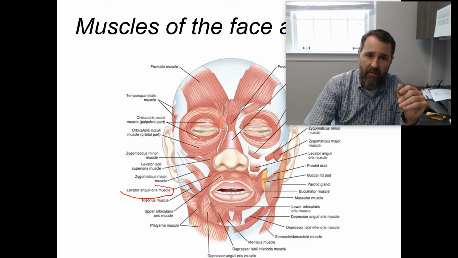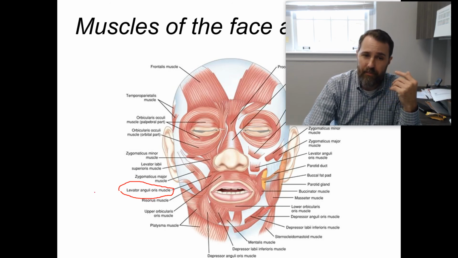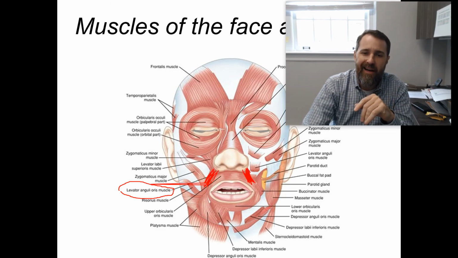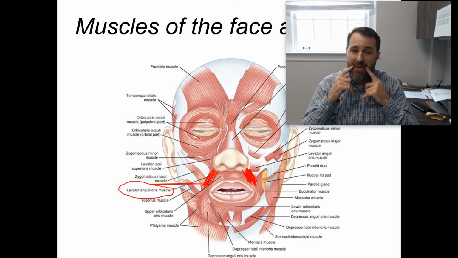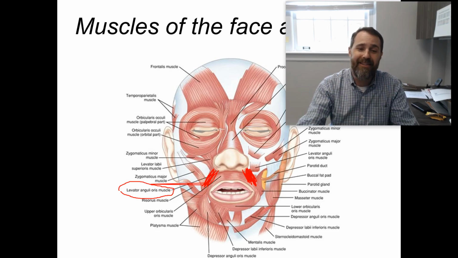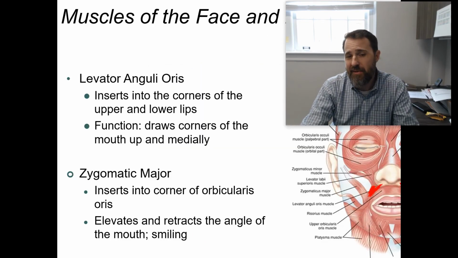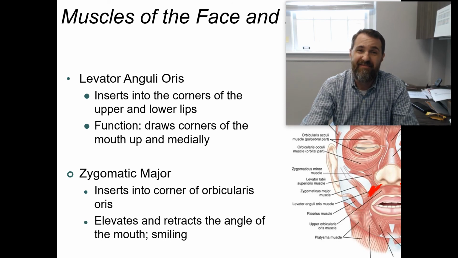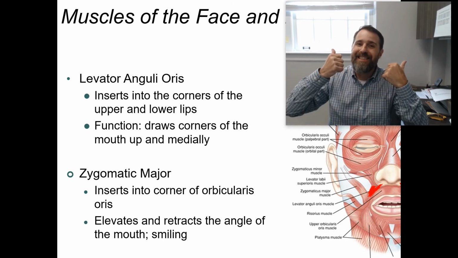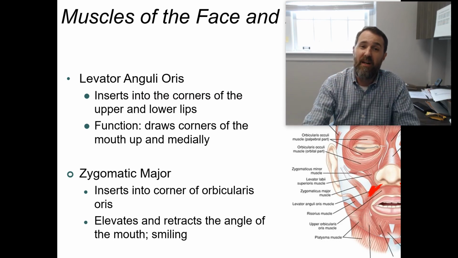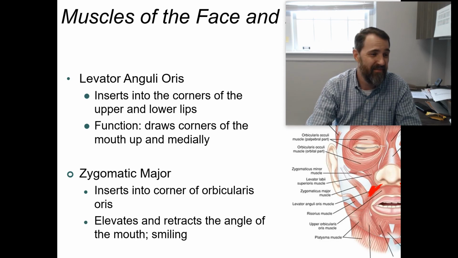This is a muscle that is going to levate the angle of the oris, the angle of the oris meaning the corner of the mouth. So if I highlight them here with this red ink, this is where this muscle is. You can see that when it contracts, it is going to elevate the corners of the mouth up immediately. So this is a muscle that comes into play for smiling as well, but more for smiling like this, right? You're not really pulling the corners of your mouth way back, you're more pulling them up and together. So it's a different facial expression.